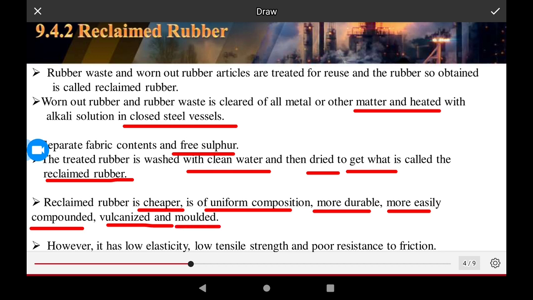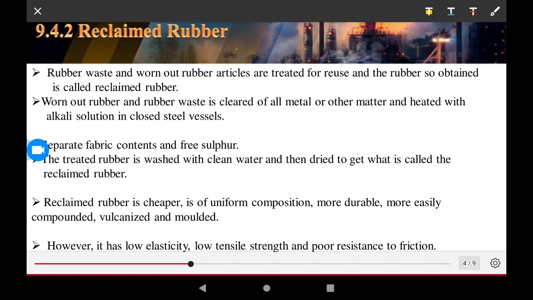However, it has lower elasticity, low tensile strength and poor resistance to abrasion. Reclaiming of rubber is a process of refining the rubber to obtain pure rubber, and the procedure is applied for the compounding and vulcanization of molded products.